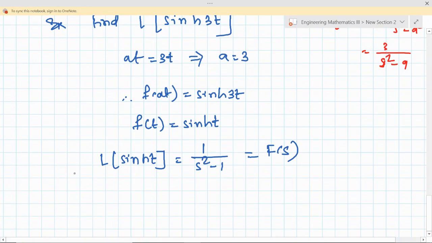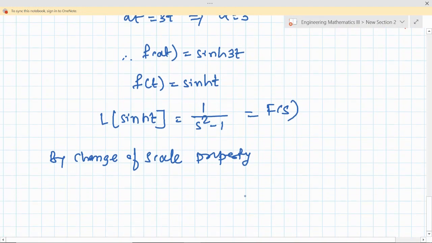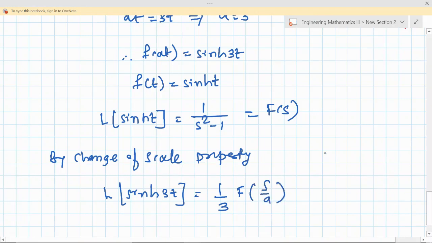And therefore by the change of scale property, if I want the Laplace of sinh 3t, the Laplace transform of sinh 3t is nothing but 1 upon 3 into F(s upon 3).